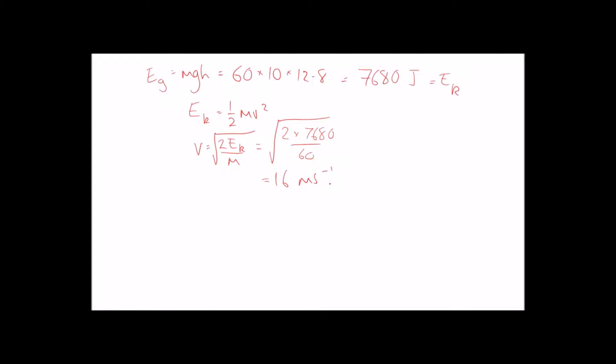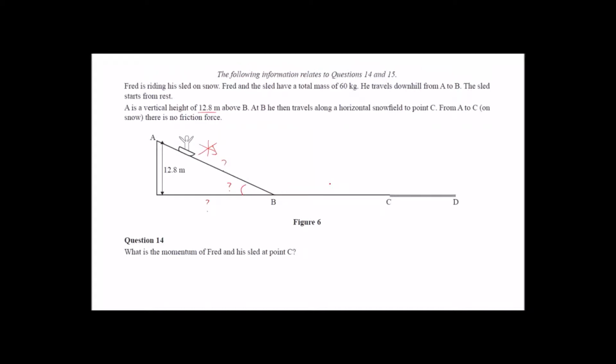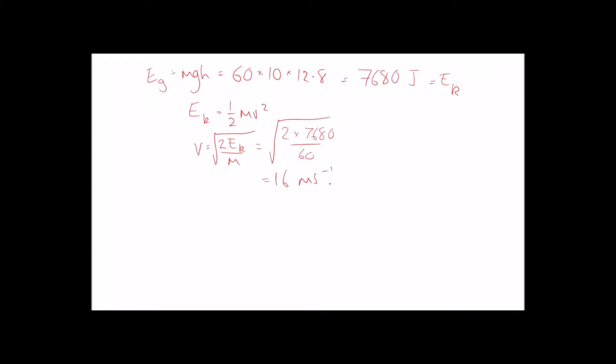So what are we looking for here? We're asking for the momentum at C. Now, we know that the velocity doesn't change, so the velocity at B, when all that gravitational potential energy had turned into kinetic energy, is the same as the velocity at C. What that means is that the momentum, which is mv, is going to be 60 kilos times 16 meters per second.